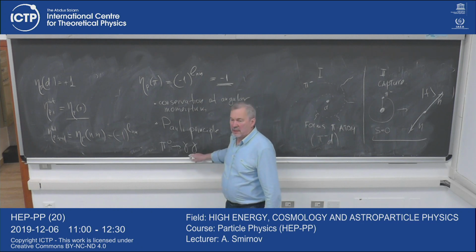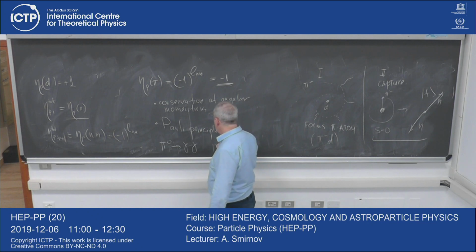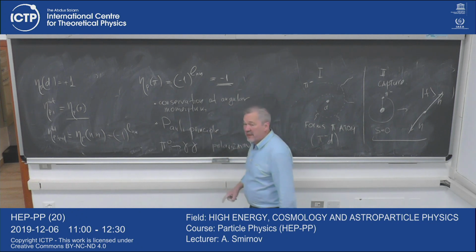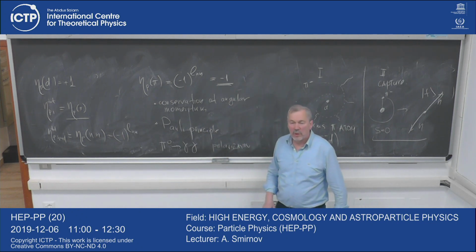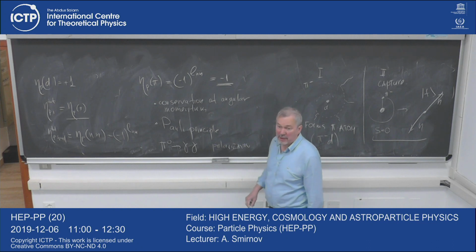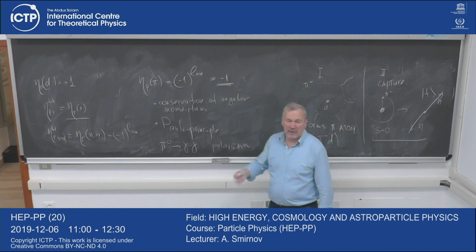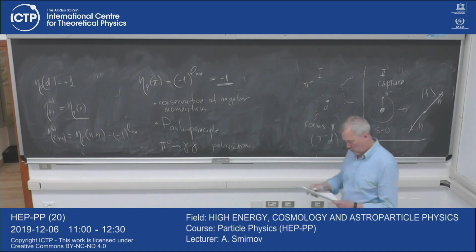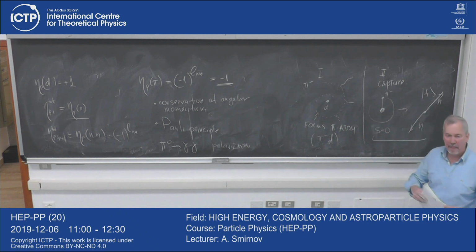And that has been done measuring polarizations of gammas. So measuring polarizations, you can find that they are in the state with the orbital motion -1, and therefore parity of pi 0 is also -1, which is expected, right? Because these guys form an isospin triplet with pi plus and pi minus.